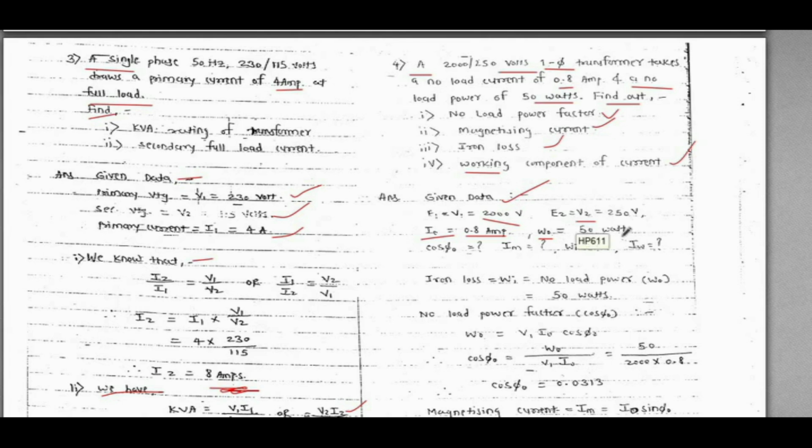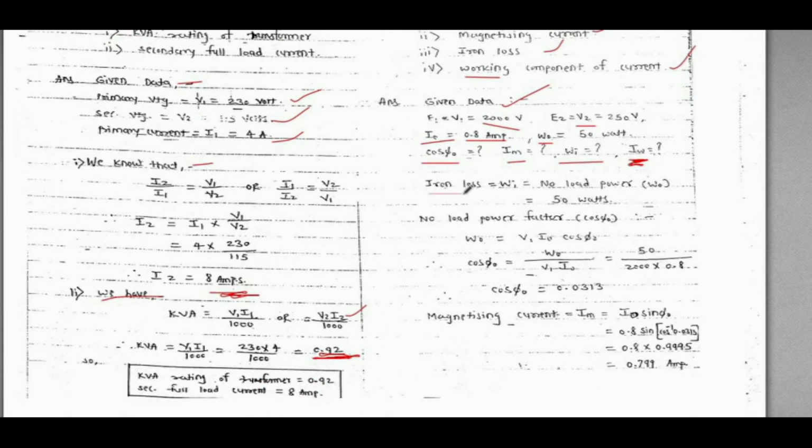You have to calculate the no load power factor cos phi 0. Magnetizing current is denoted by Im, iron loss denoted by Wi, and the wattful component, working component, wattful current is denoted by Iw. You have to calculate that here.